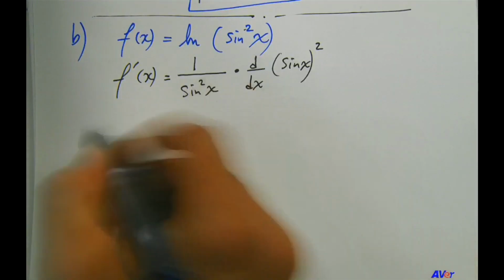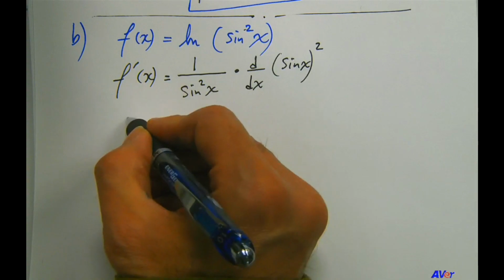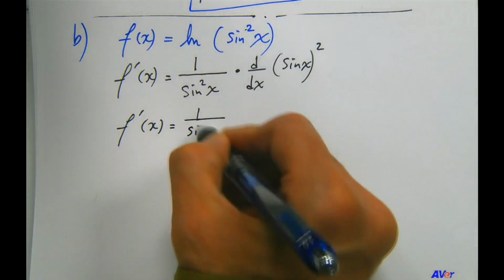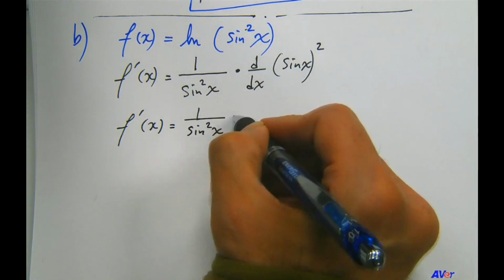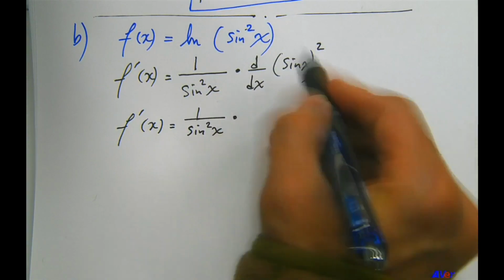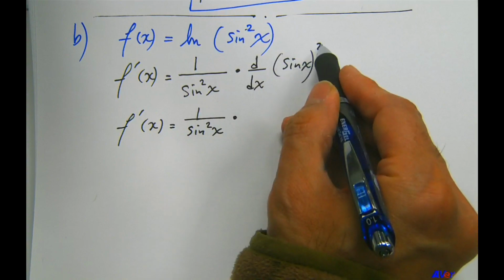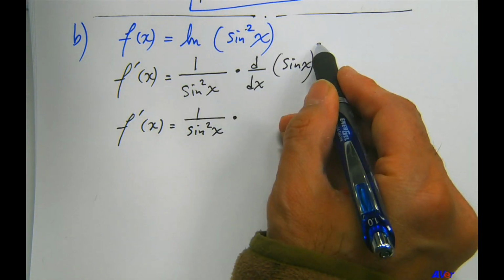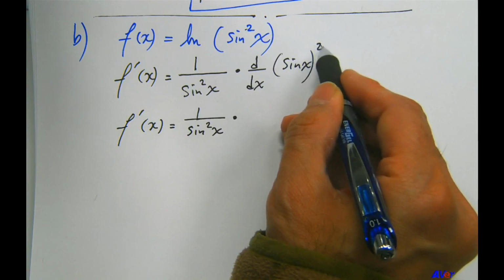Okay, so now f prime of x equals 1 over sine squared x times, what's the derivative of this? 2 comes in front, right? Times sine of x to power 1. We reduce this power by 1, right?